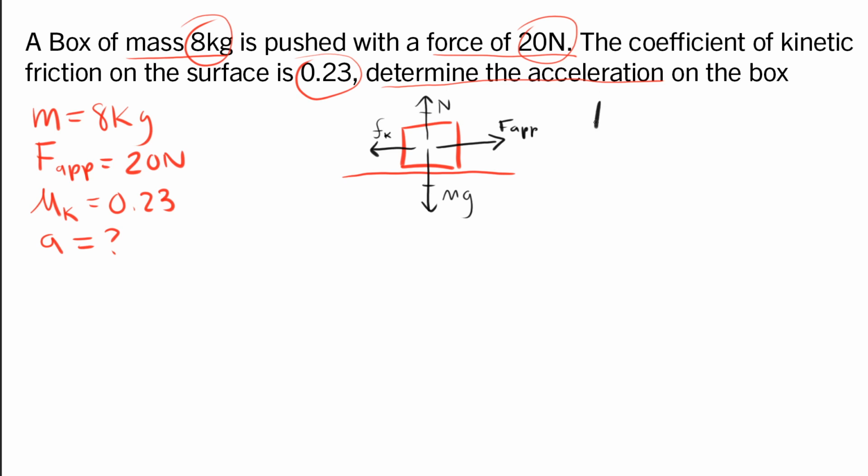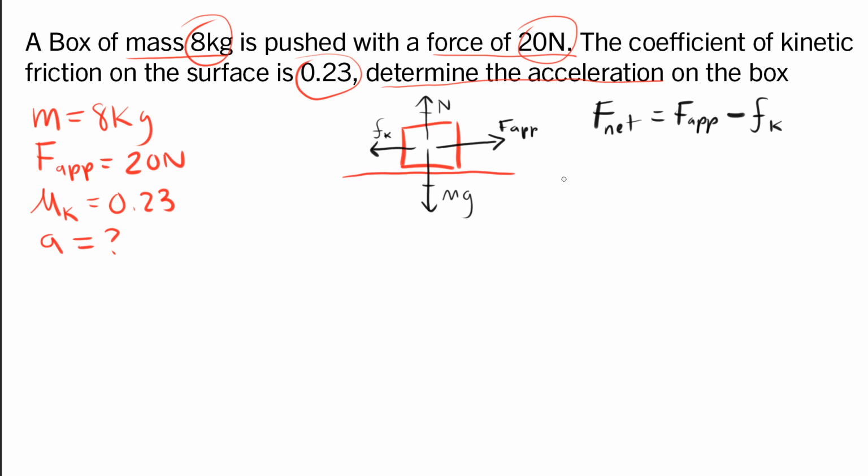So net force, in this case, F net, is equal to the applied force, F app, and then it's going to be minus the magnitude of the force of kinetic friction. Okay, well that's a relationship, but does it get us any closer to these things over here?